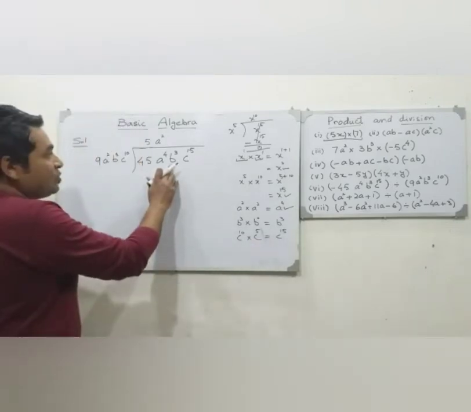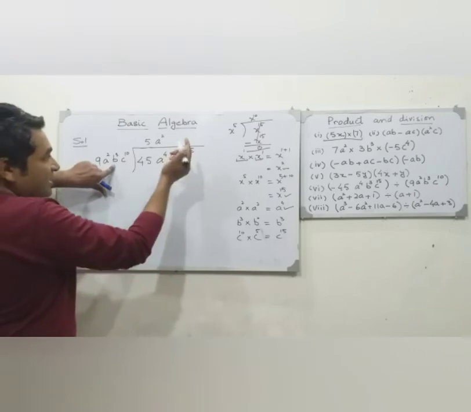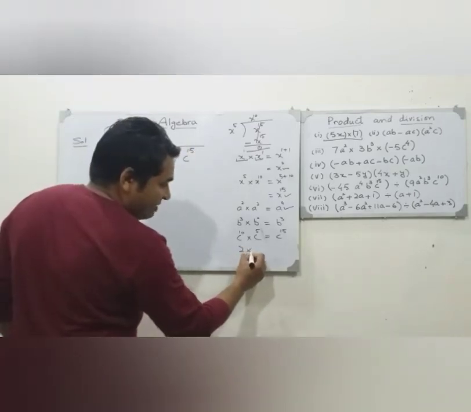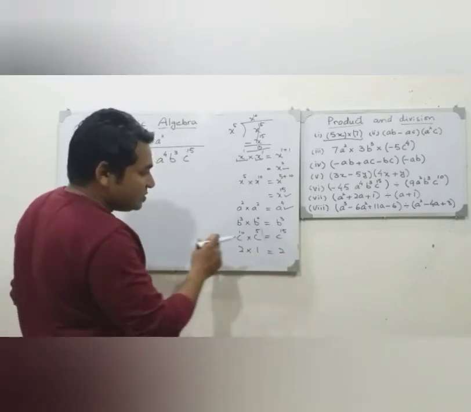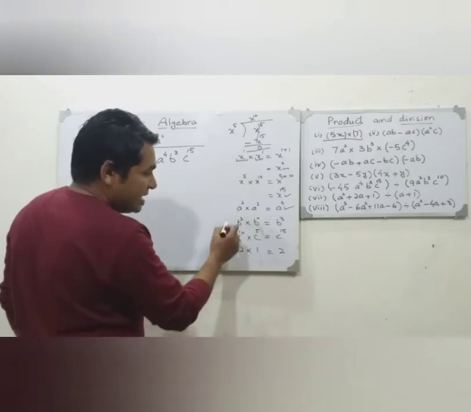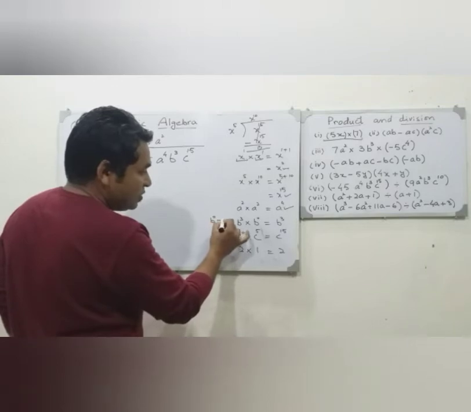Now it is b cubed. It is also b cubed. Same. So you have to multiply it by, like, you know that if you multiply 2 by 1 we get 2. So I have written here b raised to the power 0, and I know that you all know that b raised to the power 0 is equal to 1.